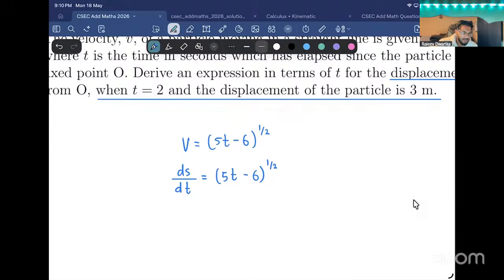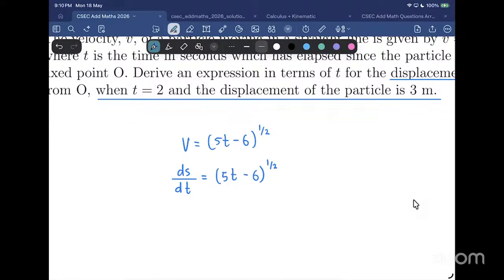So I have ds dt, and I want to find for s. Make s the subject of the formula. Not quite. ds dt would have meant that I differentiated the function s with respect to time. So I have ds dt right now, but I want to get displacement. So what should I do on both sides?